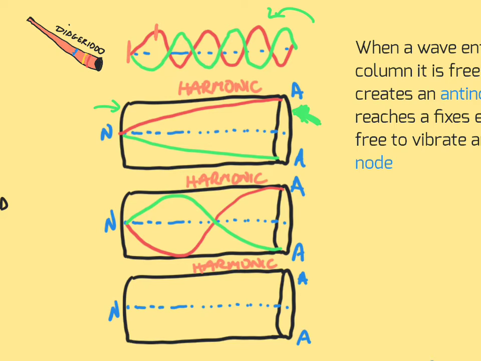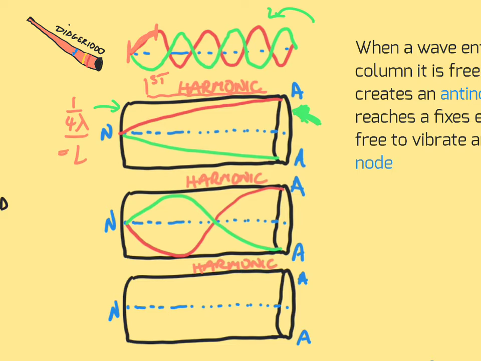Now hopefully you can see that that's actually a quarter of a wavelength. So that length here is a quarter of a wavelength. And for a closed column, this is what the first harmonic is. So in other words, a quarter of a wavelength is equal to the length of the tube.